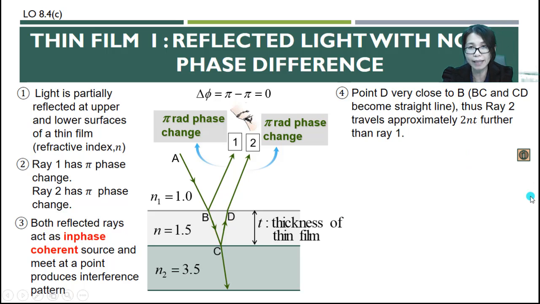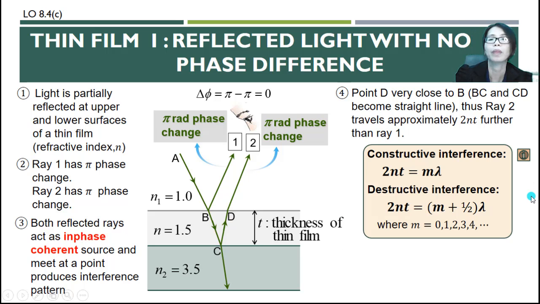Alright? Jelas, ha? So, since our reflected rays are in-phase coherent sources, in order to have constructive interference, the path difference between the two reflected rays, 2nt, must equal m lambda. And in order to obtain destructive interference, the path difference between the two reflected rays, 2nt, must equal (m plus half) lambda.